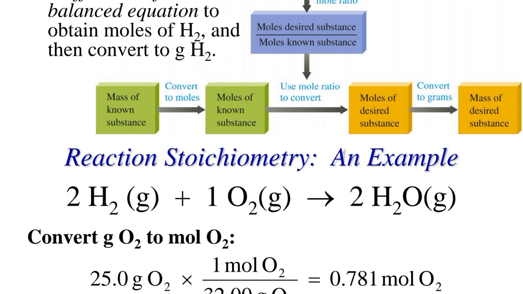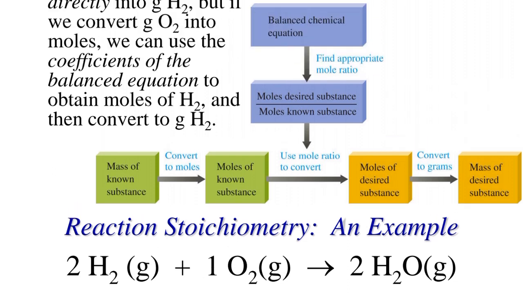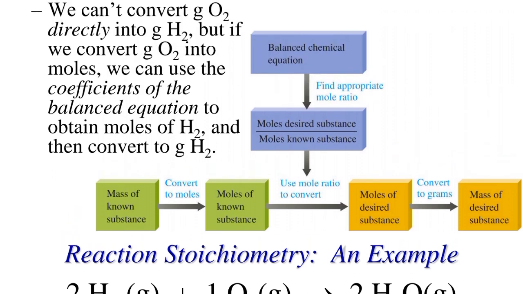From the balanced chemical equation, first of all you must balance your equation in a proper way, and also find the appropriate mole ratio. When balancing, you must write the ratio according to the equation that is needed.